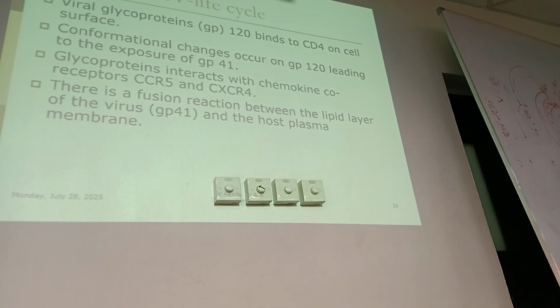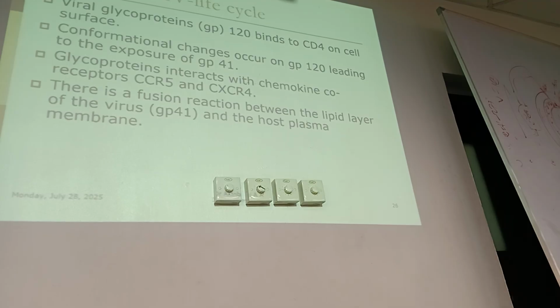So the glycoprotein interacts with the chemokine co-receptors CCR5 and CXCR4. These are chemokine receptors that have been identified to be responsible for serodiscordant couples. So serodiscordant, the husband is positive, wife is negative, or wife is positive, husband is negative.